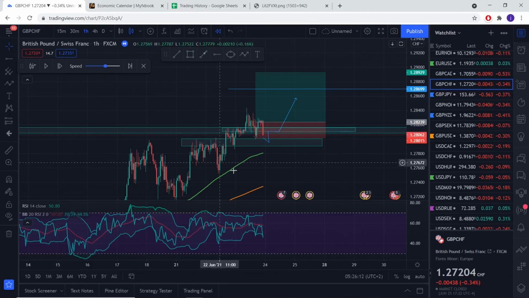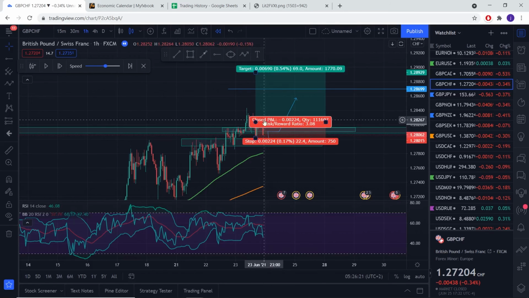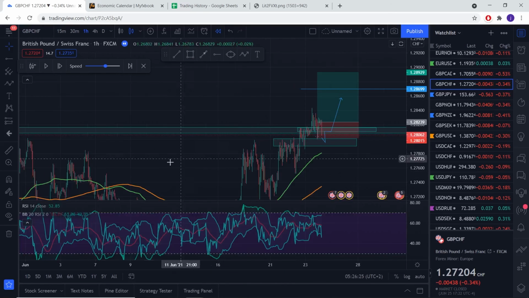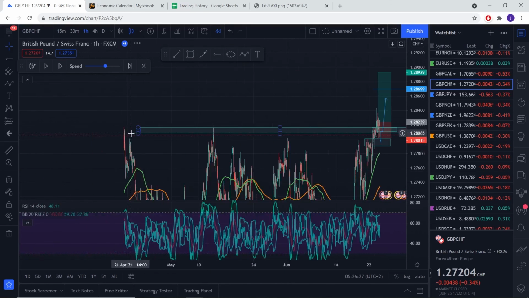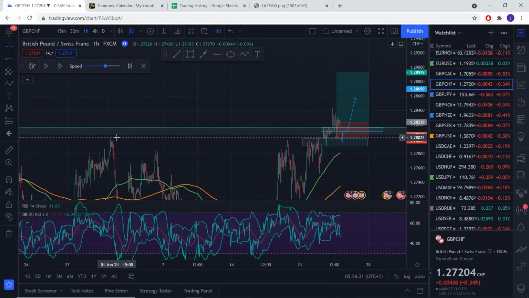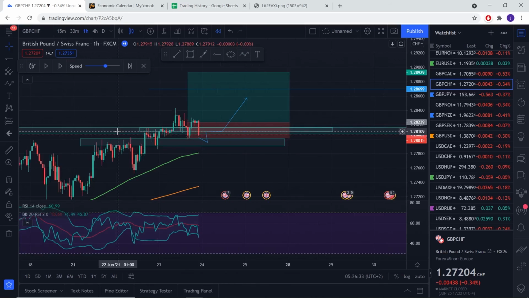So technically, when we look at the charts, this is the expected outcome that we are looking for: price to come bounce into this area right here, reject, and continue moving upwards. Because technically, price broke out of an area of resistance, meaning that it has more momentum to continue moving up.